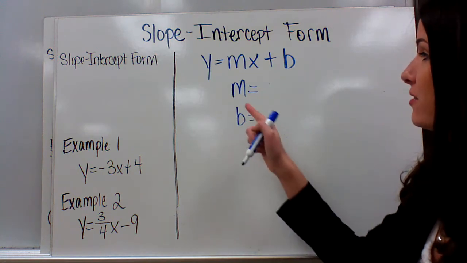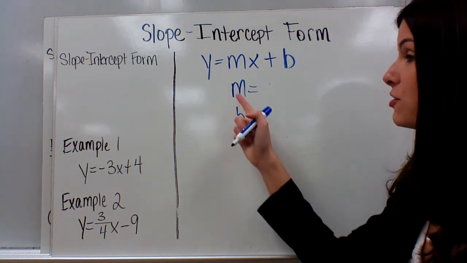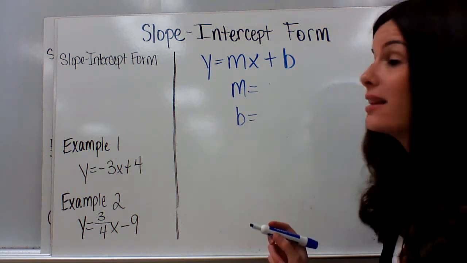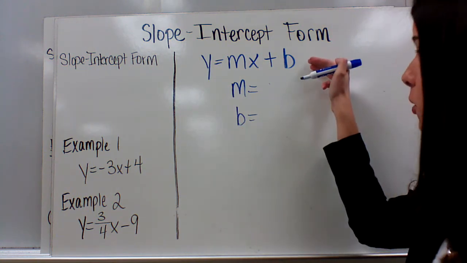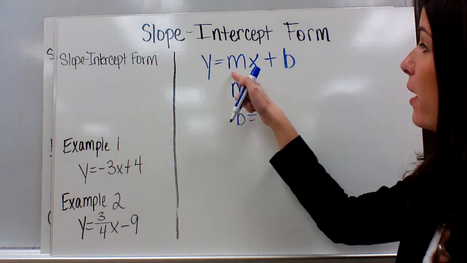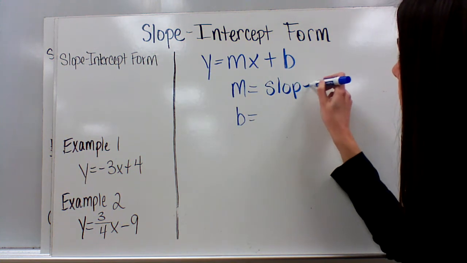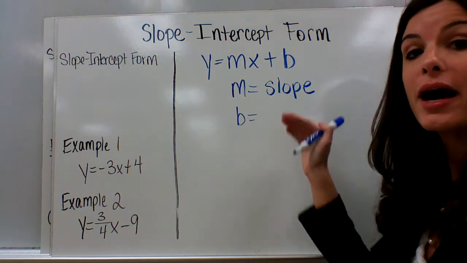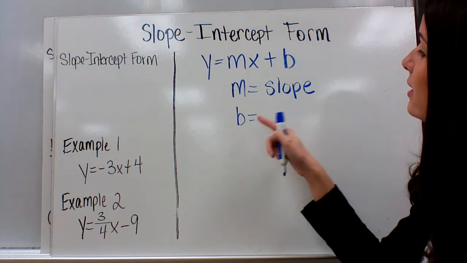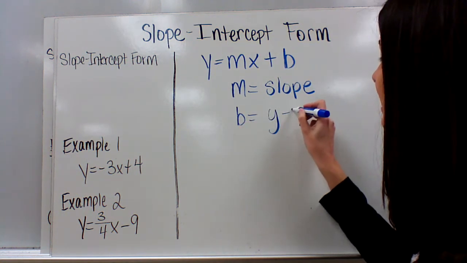So first let's identify what M stands for and what the B stands for. These are the two things that make graphing a lot easier when an equation is in this form. So M, that's right in front of your X, is the slope. Okay, it gives you your rise or your fall and your run. And then B is your y-intercept.